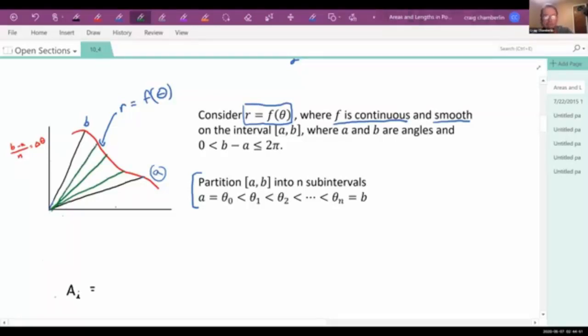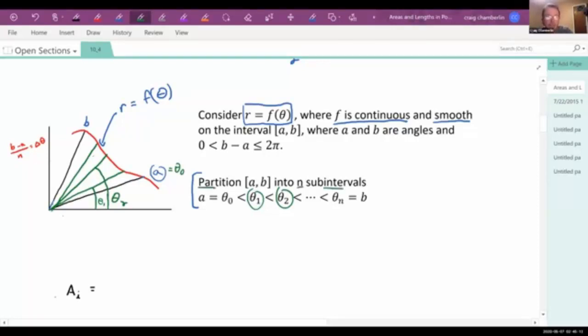But the idea is, okay, this angle here would be theta 1, A would be theta 0. This angle here would be theta 2 in this partition I'm creating. I'm creating a partition and subintervals.